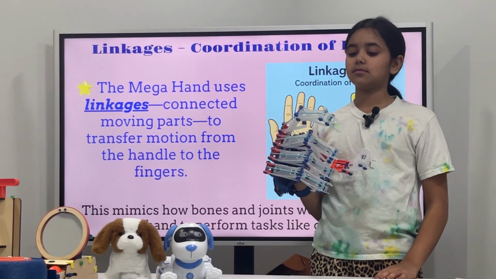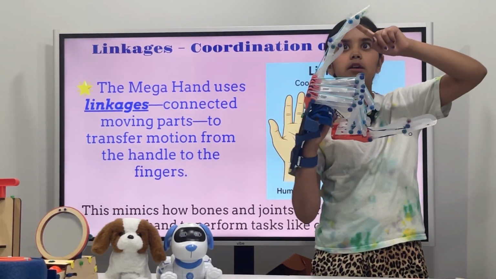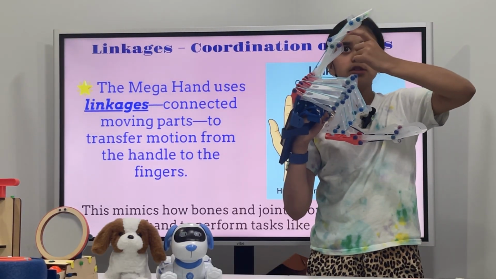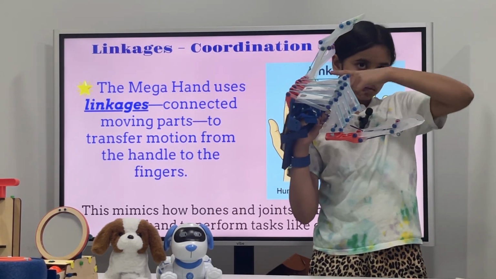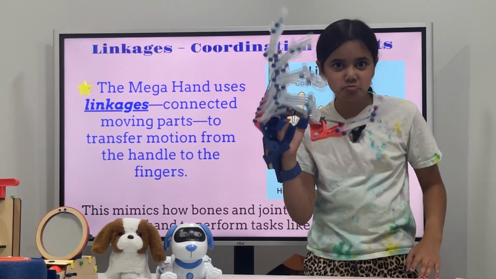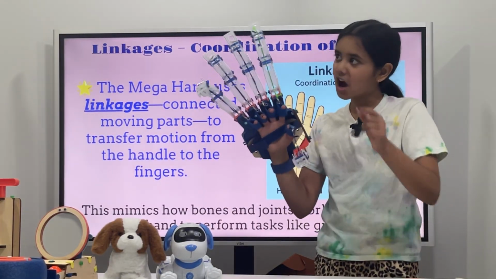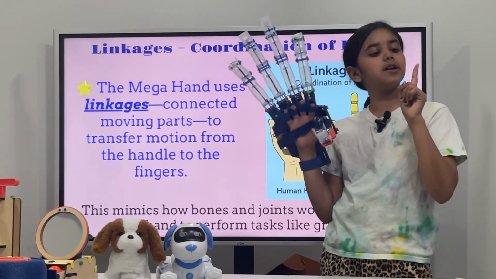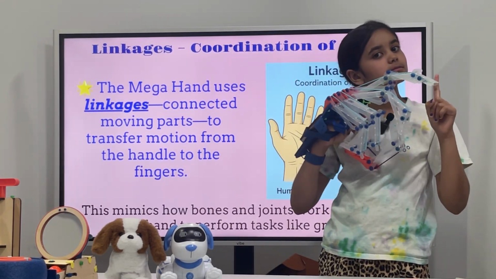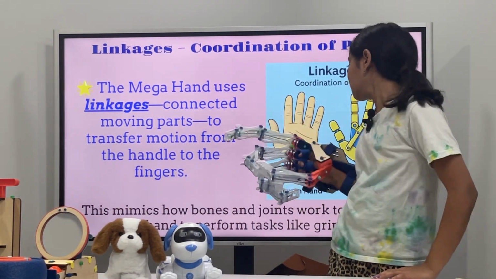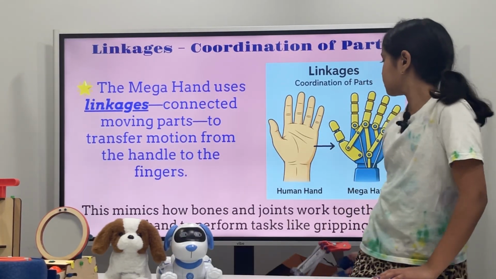And where is the bone for this mega hand? Here. You see those extra parts? Those are your bones. And how about the joints? My joints are on those lines. Okay, so that's how it's mimicking.